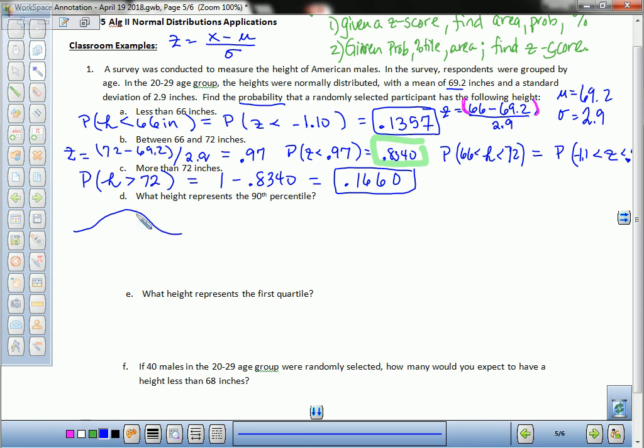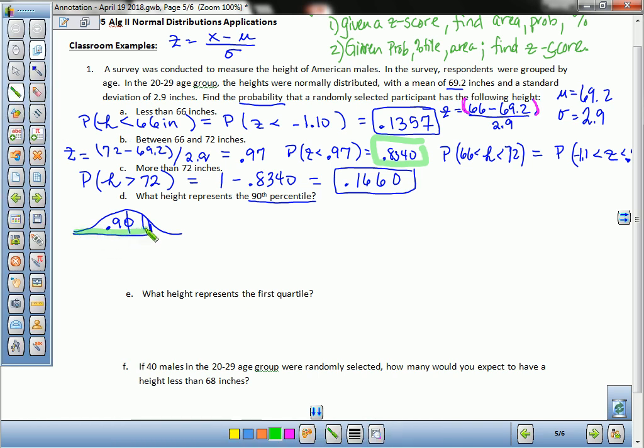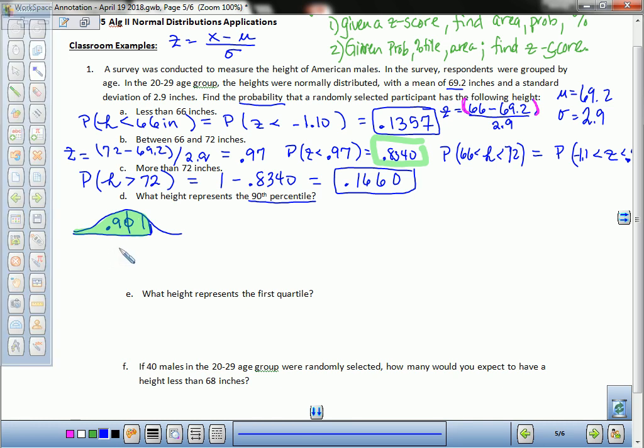One standard deviation would put us at 84, so we're somewhere around here. This is supposed to be 0.90 for the 90th percentile. That area under the curve represents our probability and also represents the percentage. So this area under the curve should be 0.90.